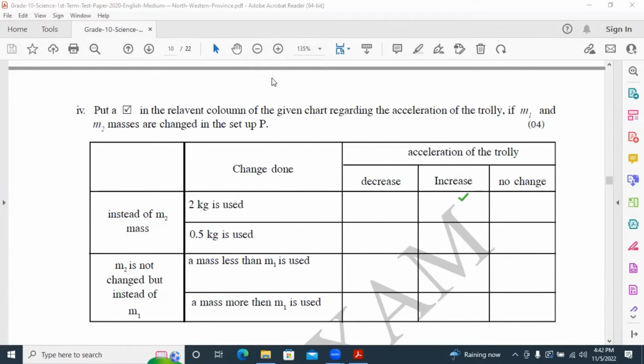If 0.5 kg is used, the acceleration is decreasing because the force is decreasing. If M2 is not changed but a mass less than M1 is used, the acceleration is increasing. And if a mass more than M1 is used, the acceleration is decreasing.